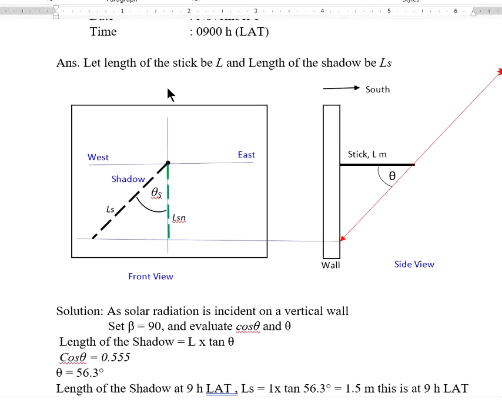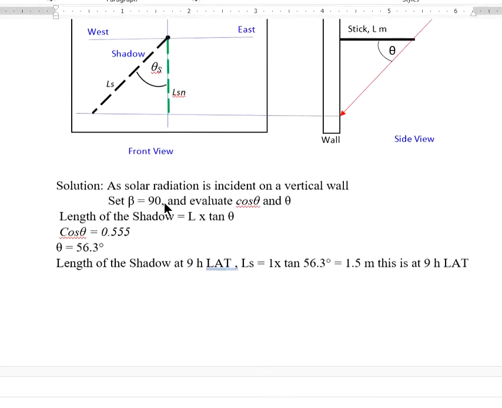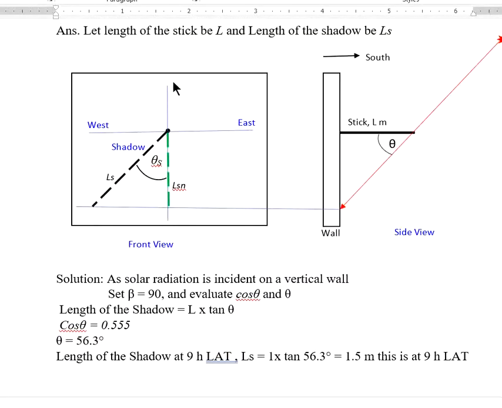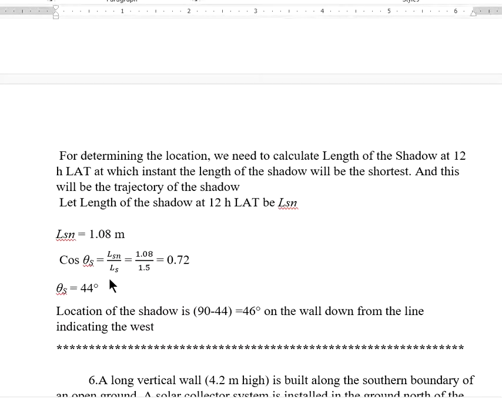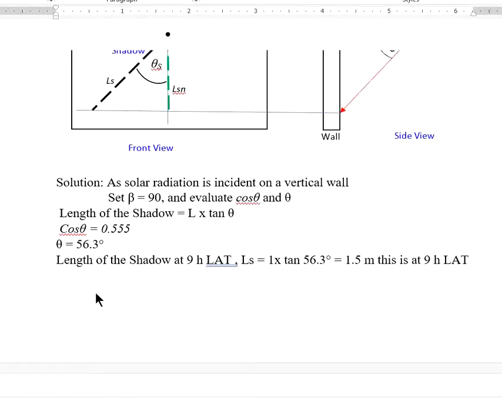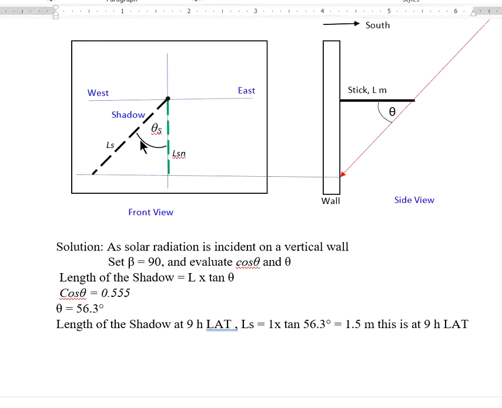The south direction is in the depth. If you find this angle, you will get the location of the shadow. The angle can be obtained by cos theta s equals LSN by LS, so 1.08 by 1.5, which is 0.72. So theta s is 44 degrees.